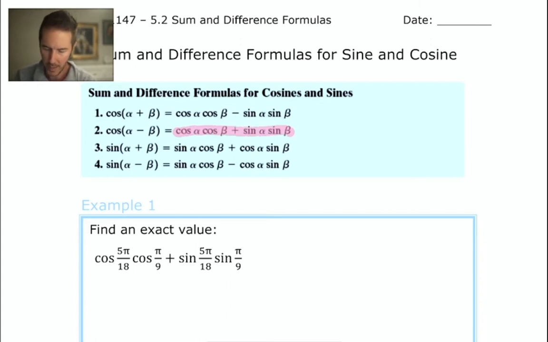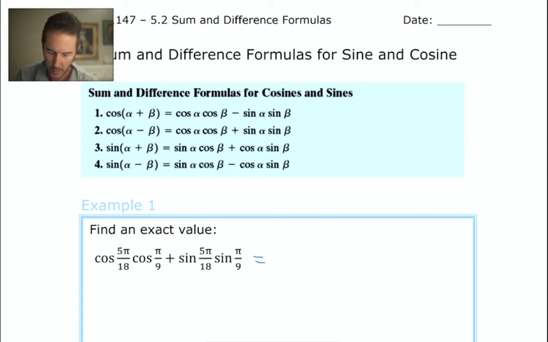So the alpha value is 5 pi over 18, and the beta value is pi over 9. The left-hand side of our equation tells us what we need to do is alpha minus beta. So let's do that.